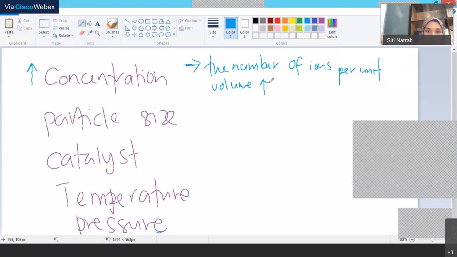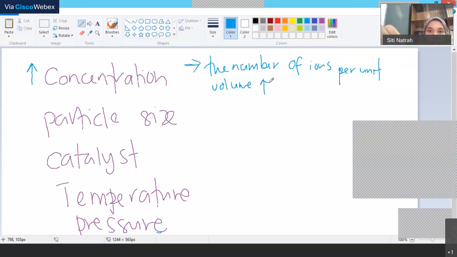When the concentration is increased, the number of ions or particles per unit volume increases.